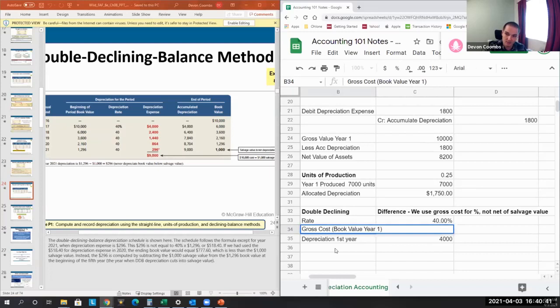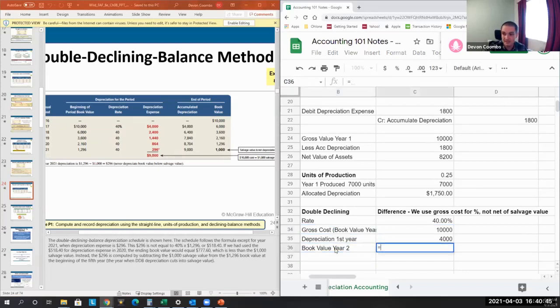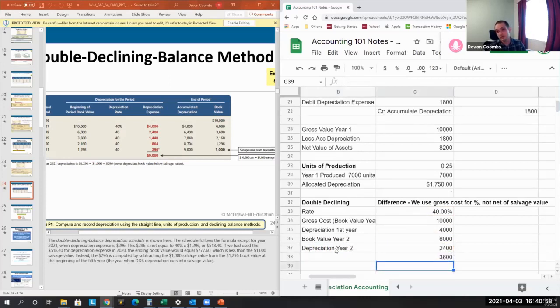So then the next year, book value year 2 is 10,000 minus the 4,000. We take that 40% times the new book value of 6,000. Depreciation year 2 gives us our new book value, and so on. So you can see that the depreciation expense starts really high and quickly declines. That's why it's called the double declining method.